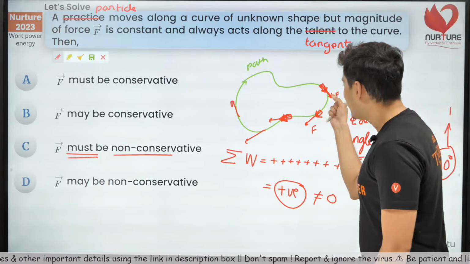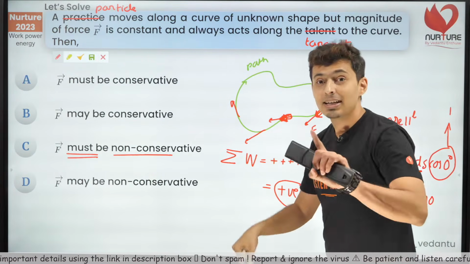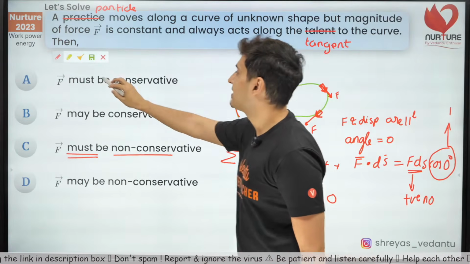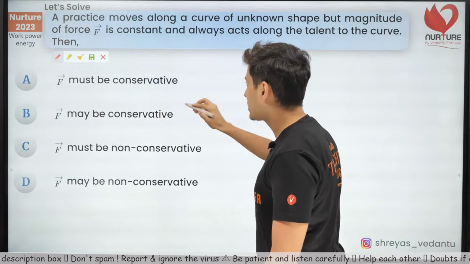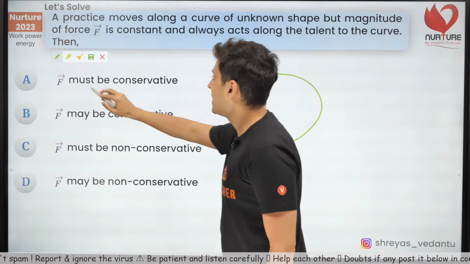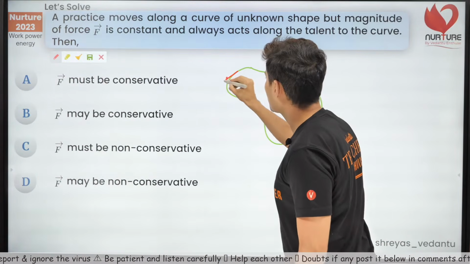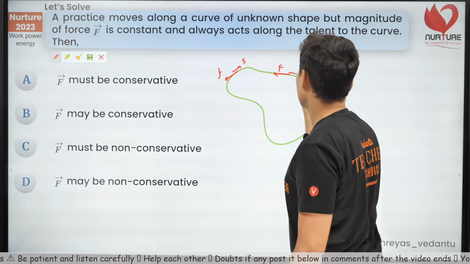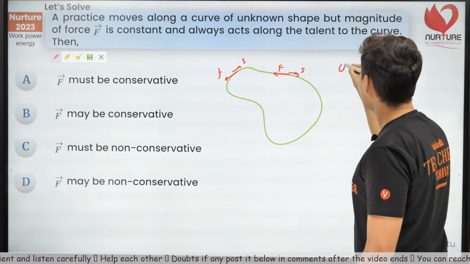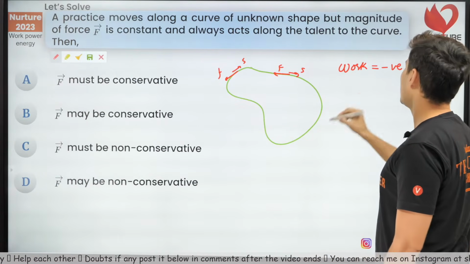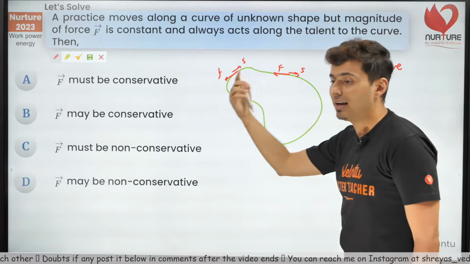So you can think of it that at every point it is doing positive work. Guys, remember the friction example? Friction example was exactly like this. When I talked about friction, the path was something like this, and at every point friction was opposite the displacement. So every point the work was negative because it was anti-parallel.